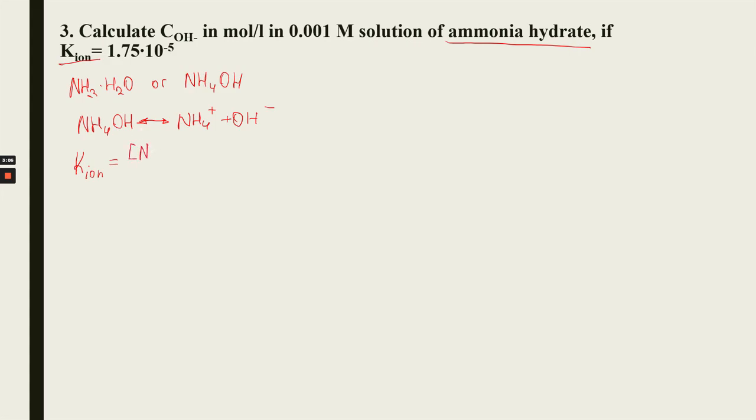So above there will be the product of the equilibrium concentration of ammonium ion and the equilibrium concentration of hydroxide ion, and below the equilibrium concentration of ammonia hydrate.